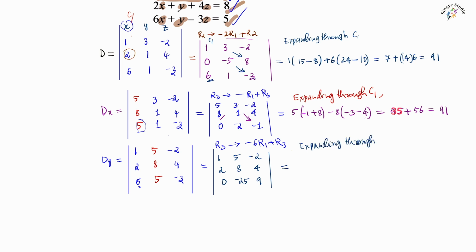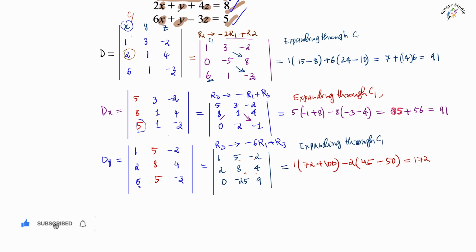Expanding through C1, we will now get 1 times 8 times 9 is 72, minus negative 25 times 4 is 100, so it will be plus 100, minus 2, then this will be remaining, so 5 times 9 is 45, minus negative 25 times 2 is 50, so positive, and our answer will be 172.